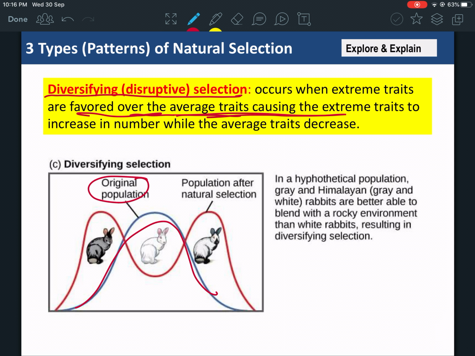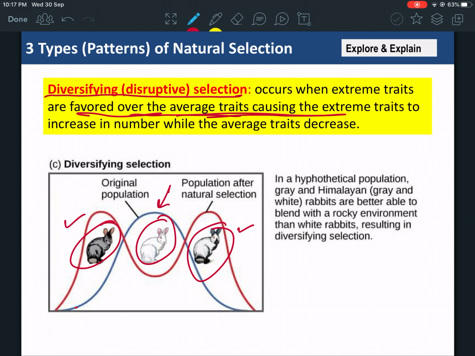The red line is the new population now. These are the black rabbits, and the black and white rabbits are able to survive more than the white rabbits. The white rabbits, which were in the average, have become less, and the extremes here and here have become more. Let's see why.